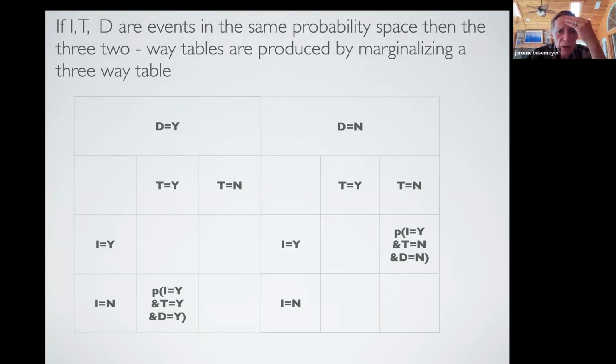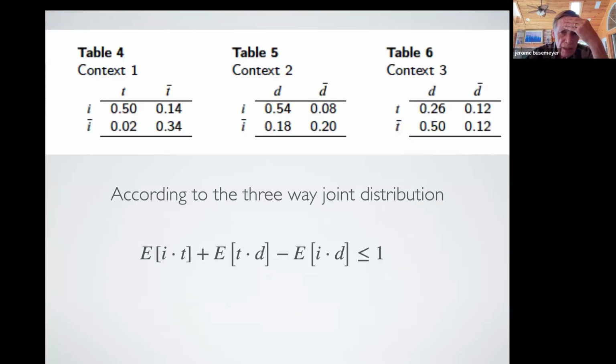So if we look at the intelligent, trustworthy margins, we just marginalize across the dominance part of the table. That's the way the Bayesian models work. They would put all this into a common probability space, and the individual two-way tables would be produced by marginalization.